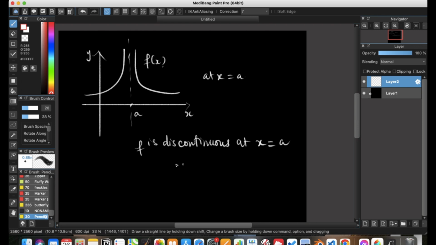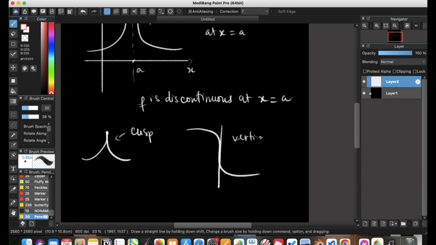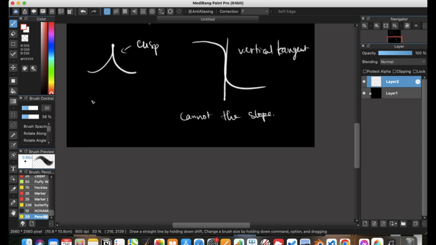Okay, and there are some other cases when the graph looks like this. So here is what we call a cusp, and also when it has a vertical tangent, right? So you cannot determine the slope. And even when the graph has a corner like this.